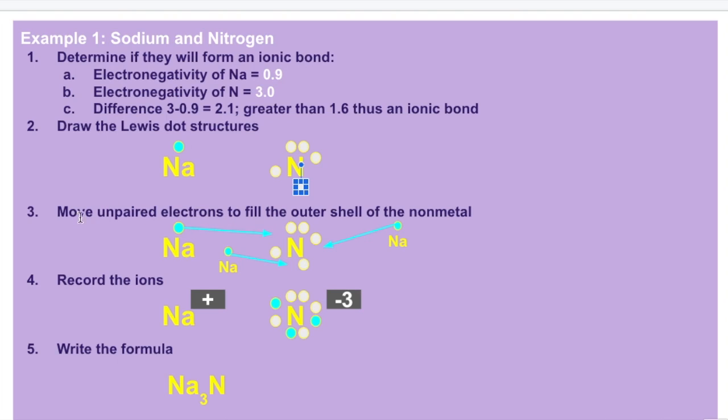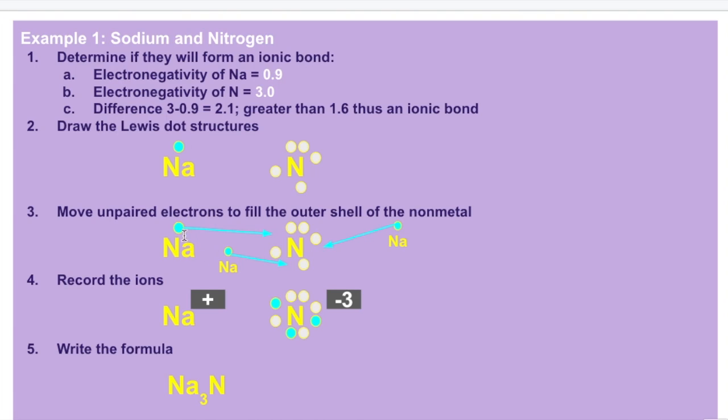Okay, and so because nitrogen has 3 unpaired electrons, whenever we go to do step 3, where we remove unpaired electrons, if I only have 1 sodium, nitrogen will still have 2 valence electrons that are unpaired, and it's not going to be happy. So basically what happens is 2 more sodium atoms have to come in and give their electron to nitrogen.